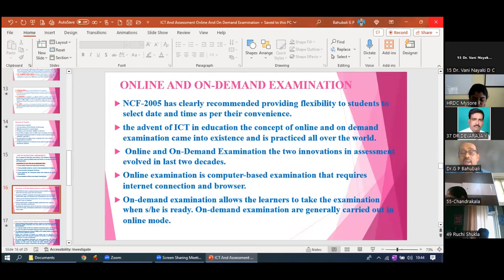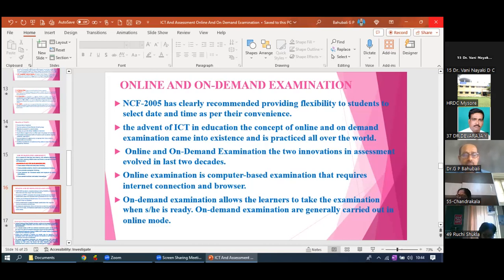Online and on-demand examination are two innovations. An online examination is a computer-based examination that requires internet connection and a browser. Whereas on-demand examination allows learners to take the examination when he or she is ready, and on-demand examinations are generally carried out through the online mode.